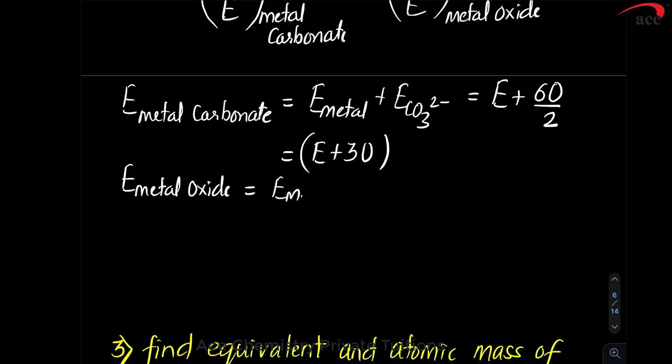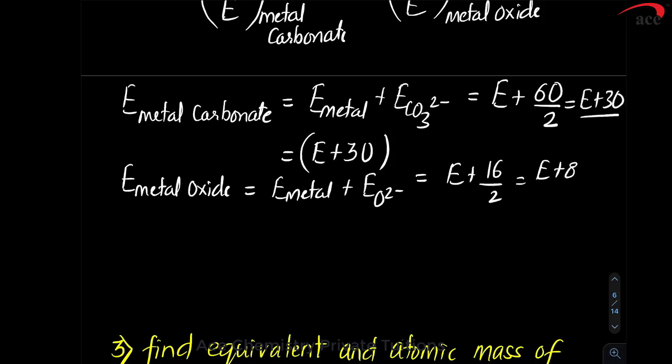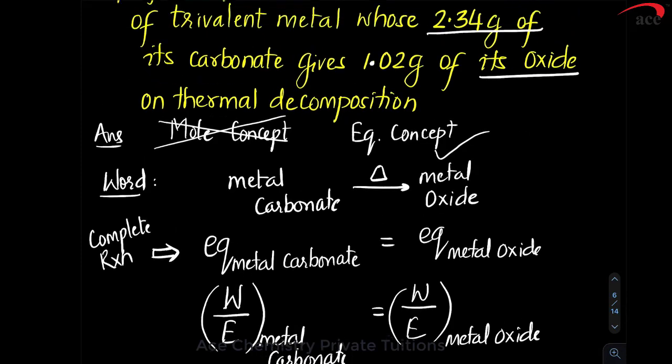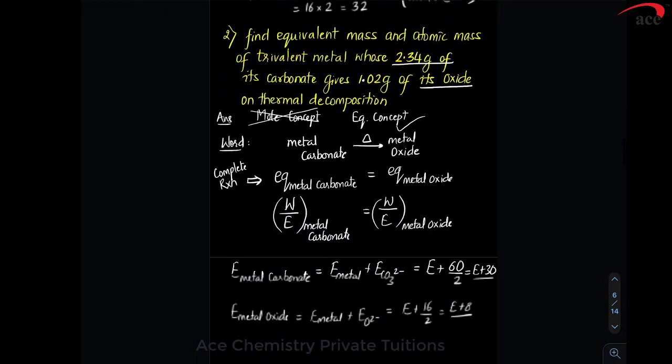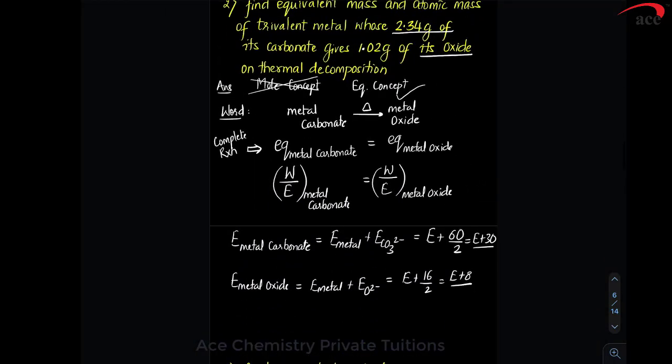Similarly, E of metal oxide will be how much? It will be the equivalent mass of metal plus the equivalent mass of oxide. So, E plus 16 by 2, that is E plus 8. E plus 30 and E plus 8. Then we substitute the values.